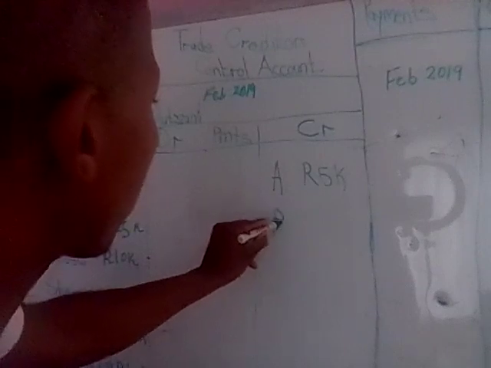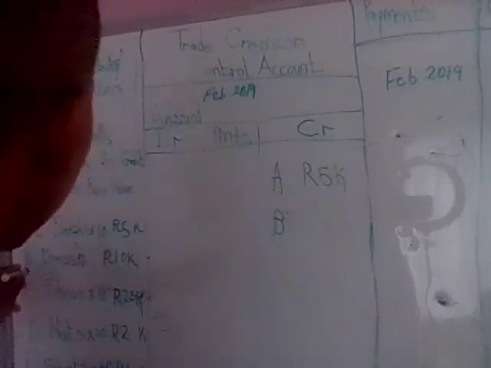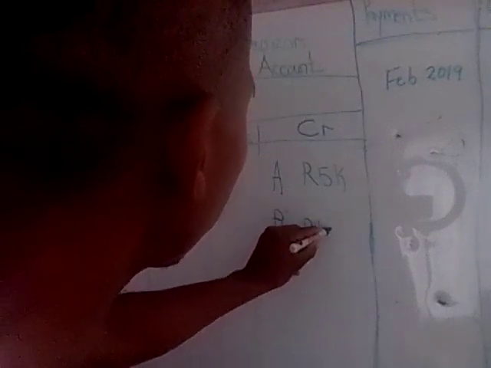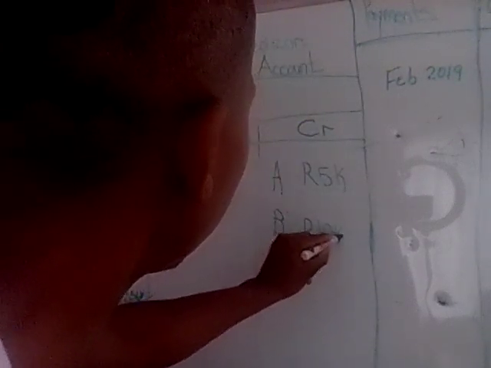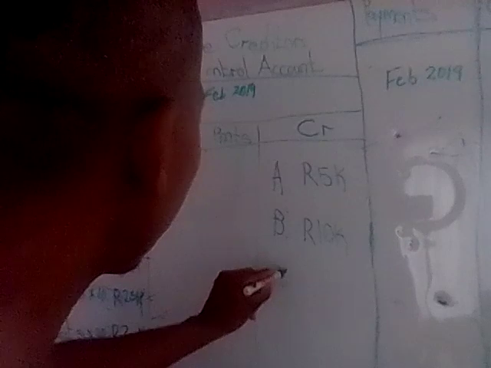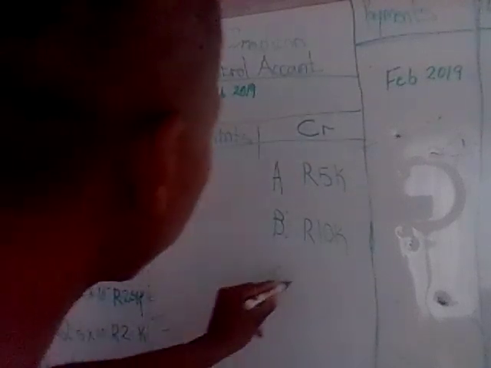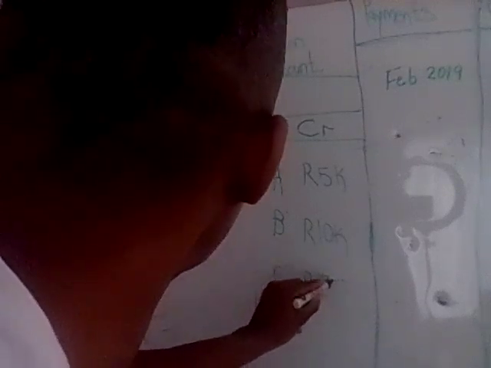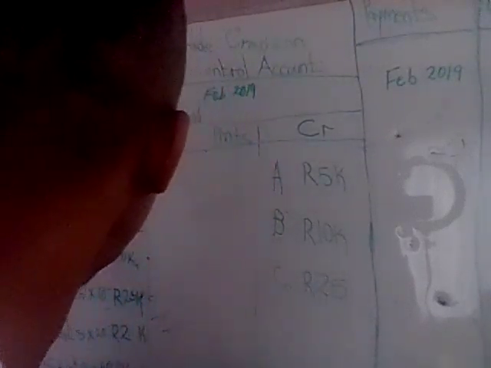And for B, we would have recognized the liability of the 10,000 rands of stock we took, which was initially bought. And for C, we would have also recognized the liability of the 2,500 rands when we took the stock of shoes.